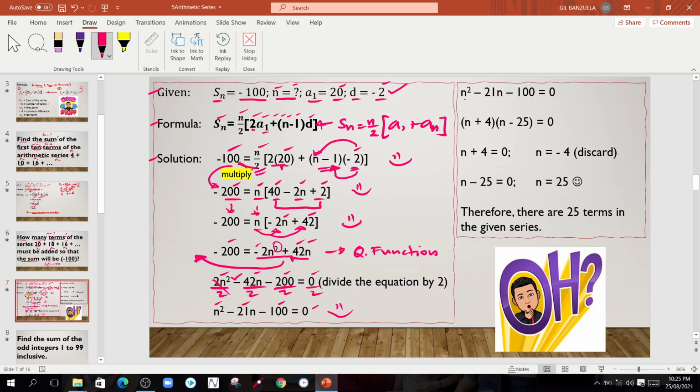So, let's factor n squared minus 21n minus 100 equals to 0. Okay. So, every time that the last term is negative, guys, okay, kapag yung last term natin ay negative, automatic, guys, yung binomial natin ay magkaibang sign. Sir, palagi ba? Yes. Every time.